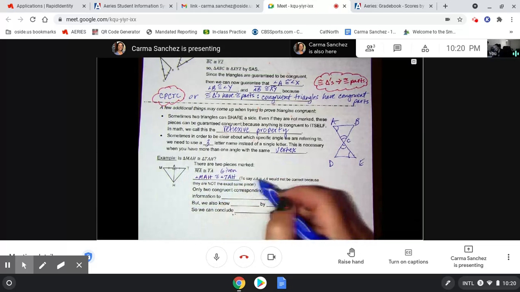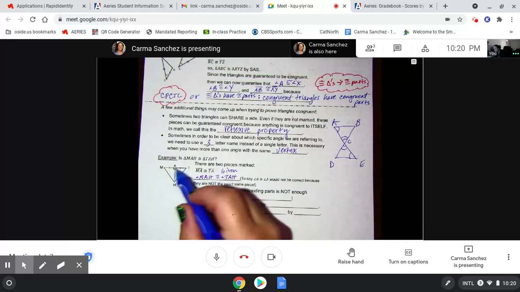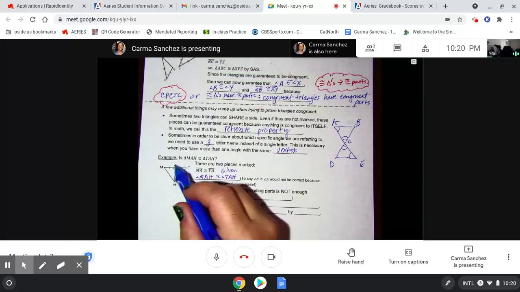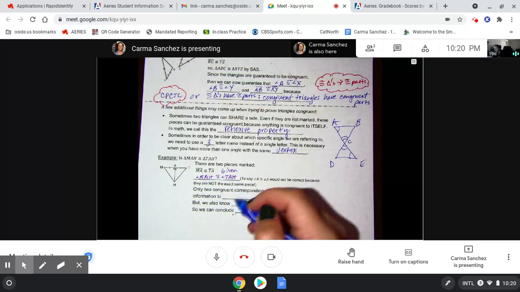To say angle A is congruent to angle A would not be correct because they're the same letter. They're not the exact same piece. There's actually two angles with an A in the middle. So only two congruent corresponding parts is not enough information to guarantee congruent triangles.